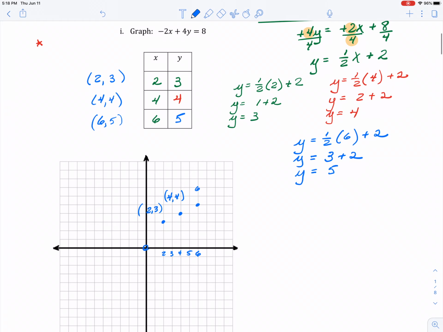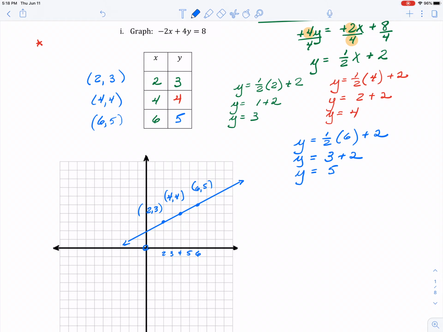All right, so there's the third point, and this does exactly what I wanted it to do, which is these are all falling into a nice straight line, and that's what linear equations should do, is you should get all of your points to be collinear.